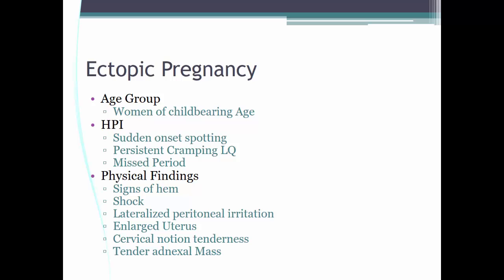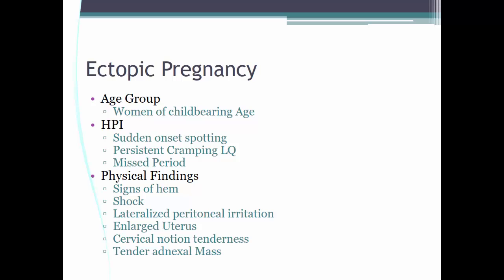Now, patients tend to have cervical motion tenderness, which could be unilateral or bilateral, or, if you're able to palpate the ovary and the fallopian mass, tenderness at this level occurs through bimanual palpation. The uterus may be slightly enlarged, and this is basically due to hormonal effect.